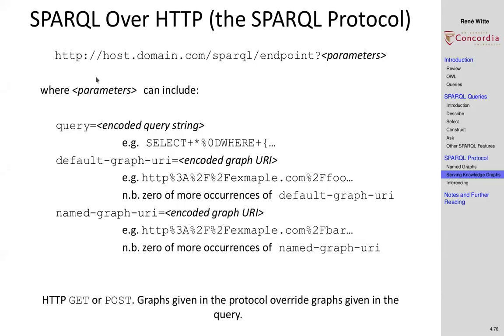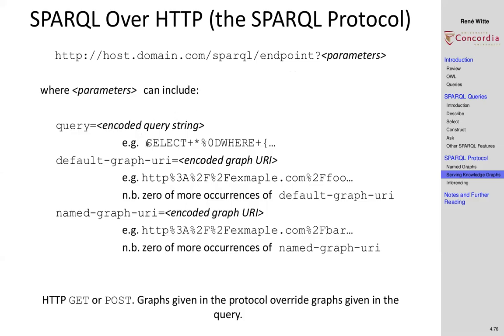Essentially how it works is that a SPARQL server has an endpoint that connects over the web, with a certain port that you can connect to, and then you can send an HTTP request to it. The HTTP request includes the query itself.